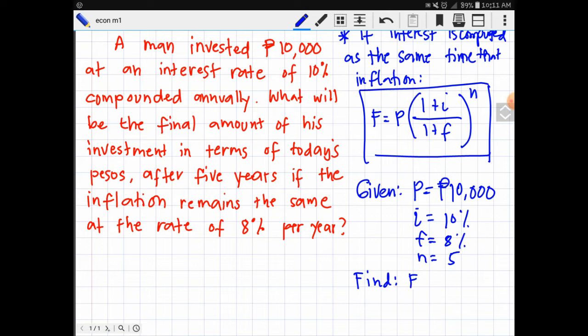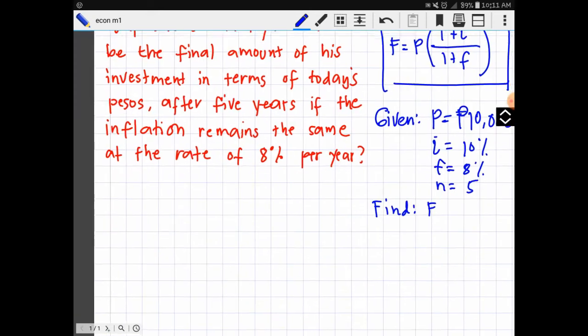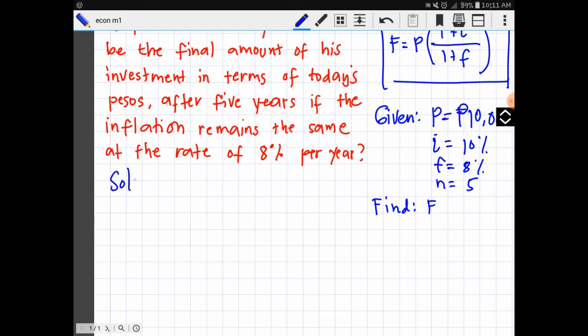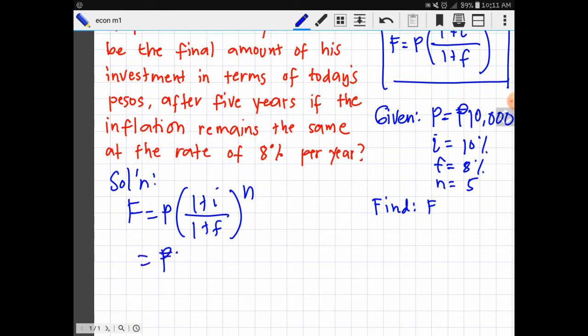Now, for the solution, F is equal to P times 1 plus I over 1 plus F, raised to N. Our P is 10,000 pesos multiplied by 1 plus our I, which is 10%, over 1 plus our F, which is 8%, raised to 5.